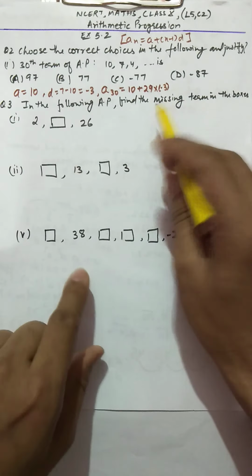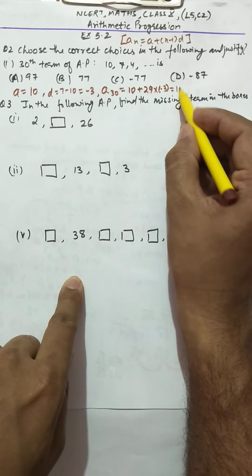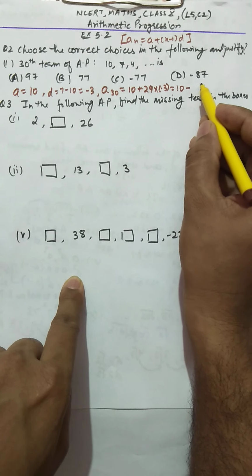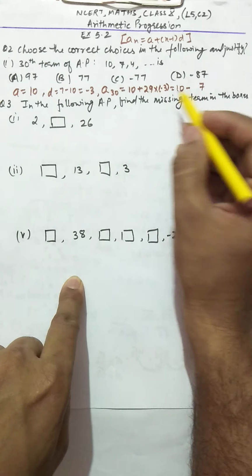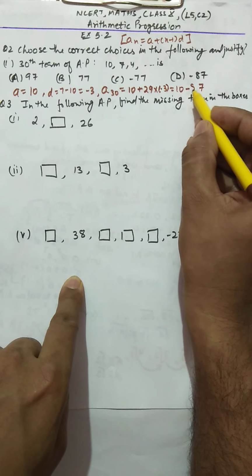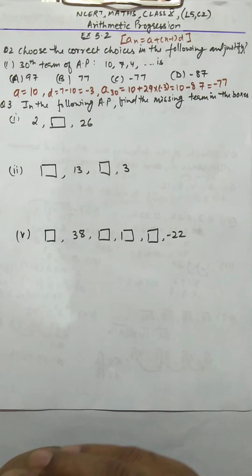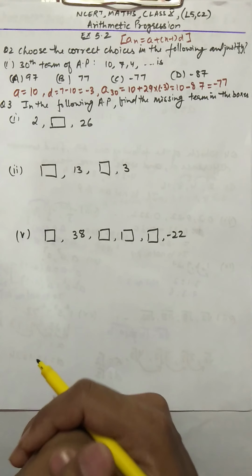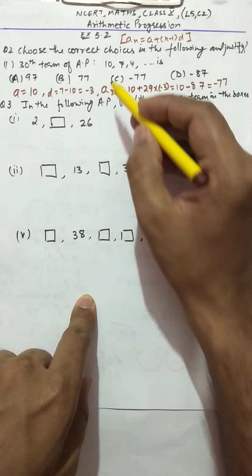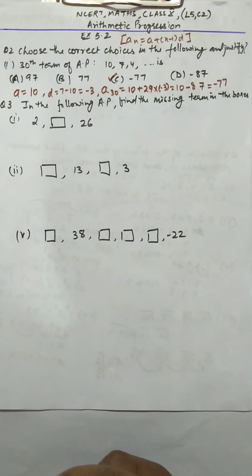If you multiply this, 9 threes are 27, 7 carry 2, 3 twos are 6, 6 plus 2 is 8, so 87, and when you find the difference, this is minus 77. So it means your option C is correct.